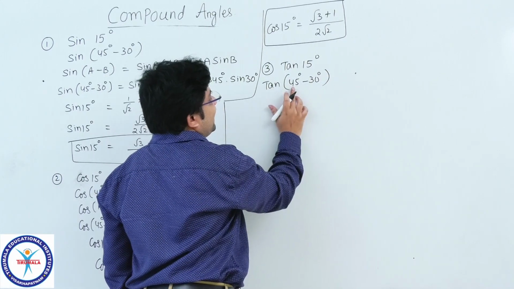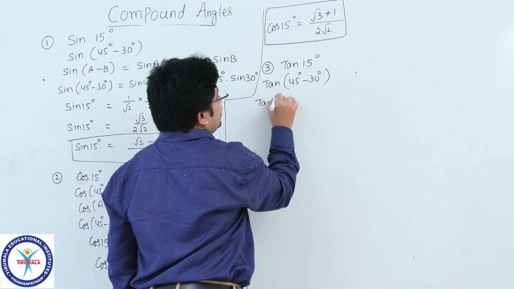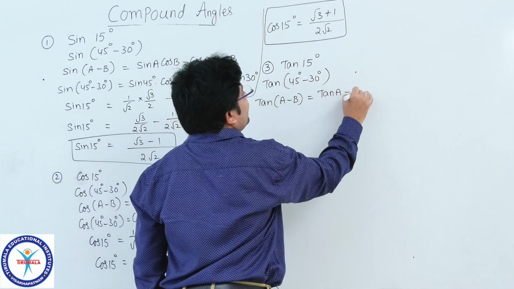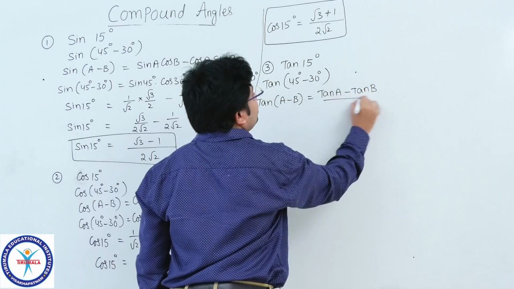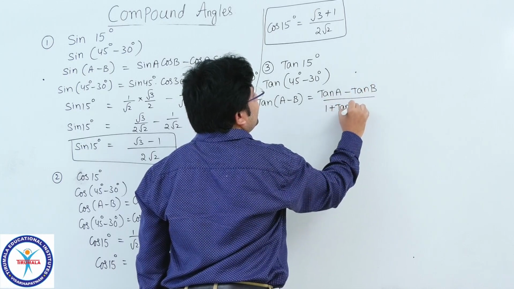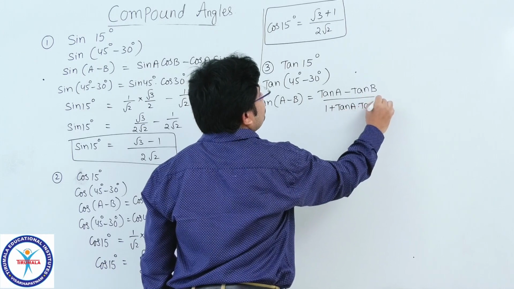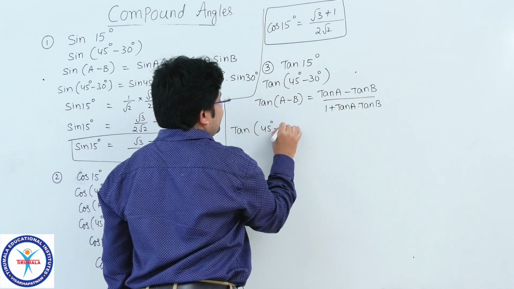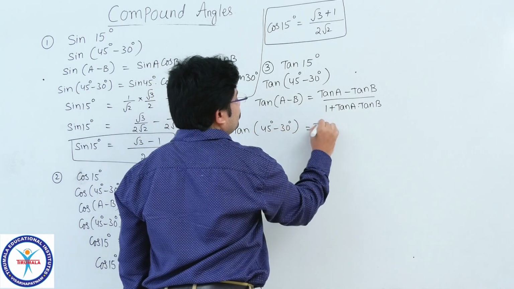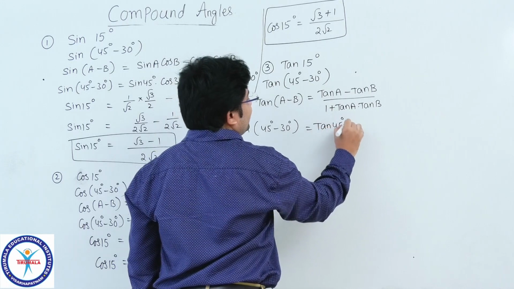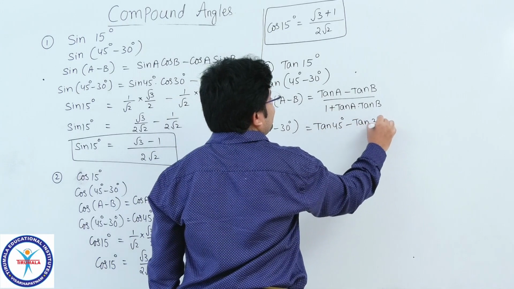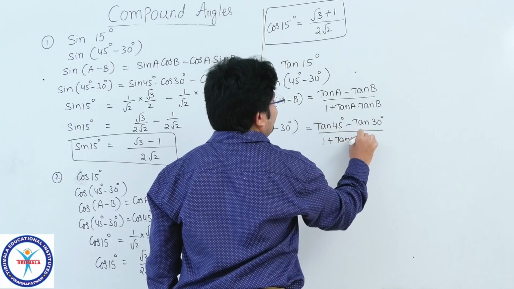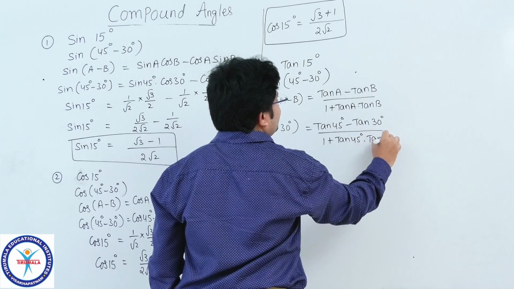It is in the form of tan(A-B). Tan(A-B) is equal to tan A minus tan B by 1 plus tan A into tan B. Therefore, tan(45 degrees minus 30 degrees) is equal to tan 45 degrees minus tan 30 degrees by 1 plus tan 45 degrees into tan 30 degrees.